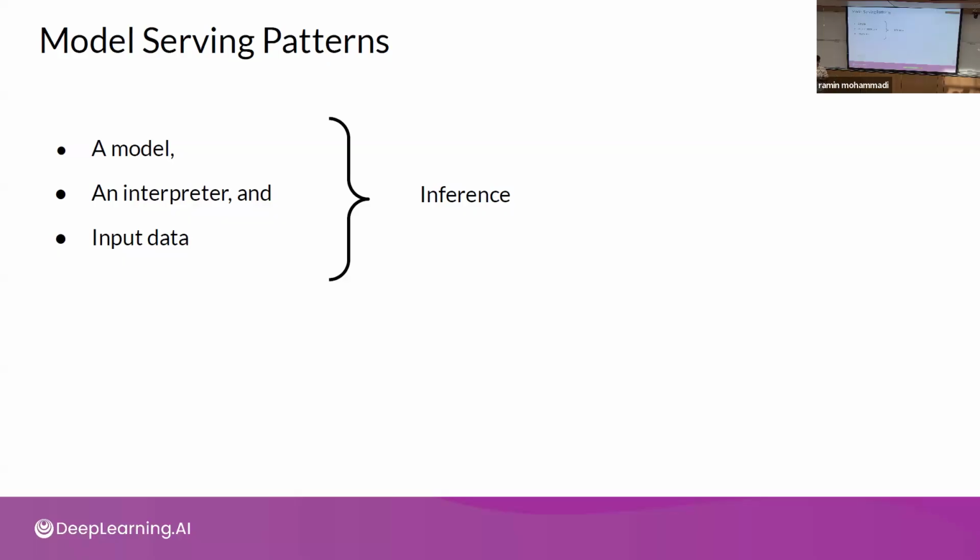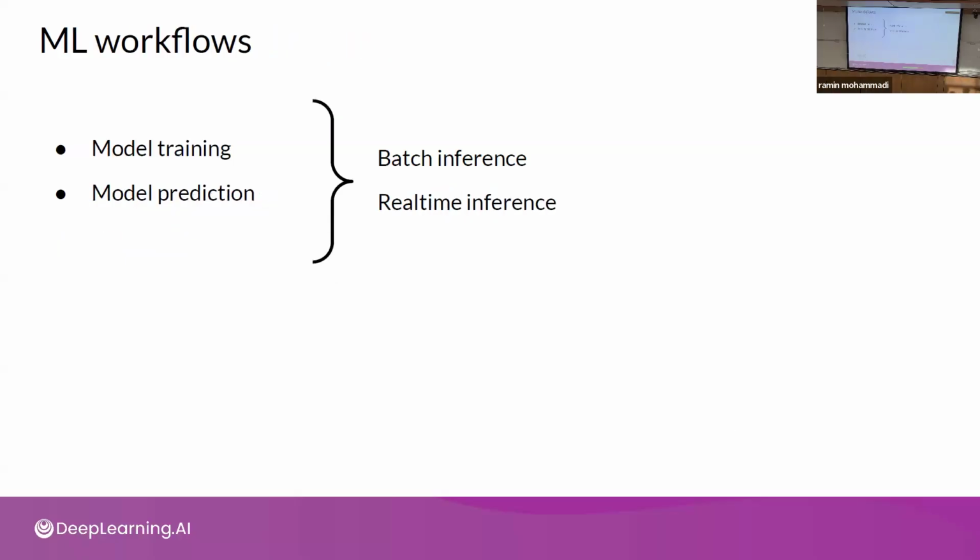Now you can serve that in C++, in Java, in C Sharp, and almost all of these languages. But in order to serve it, you need some sort of loader, a package in that language, C++, C Sharp, Go, or Python, that can load the model. That becomes the interpreter. So you need an interpreter, a model, and the input data. With that, you can make an inference.